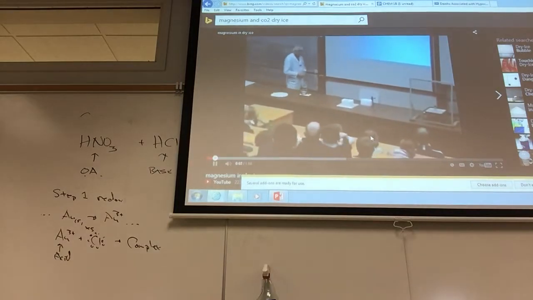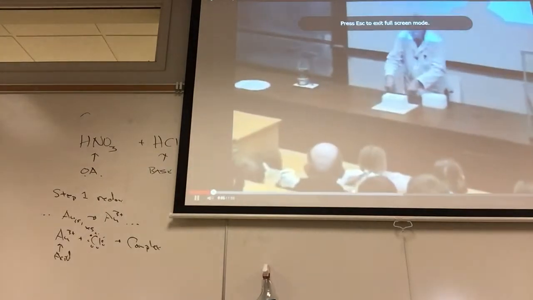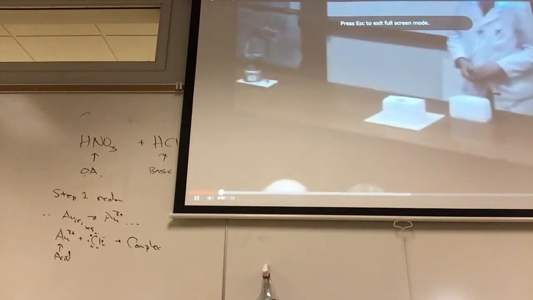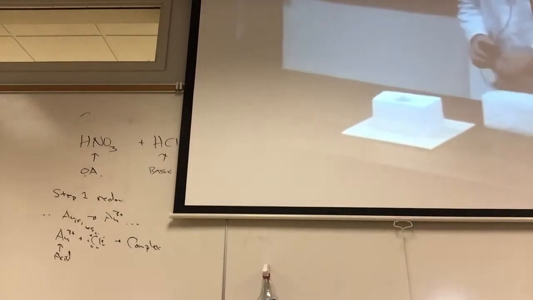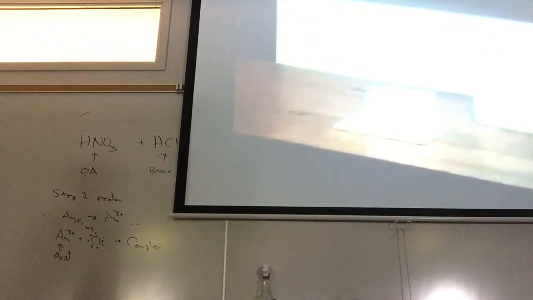What we have here is a block of carbon dioxide, as I say, transport carbons, and into it we place some magnesium metal. And we possibly see magnesium metal burn in terms of a little magnesium ribbon.